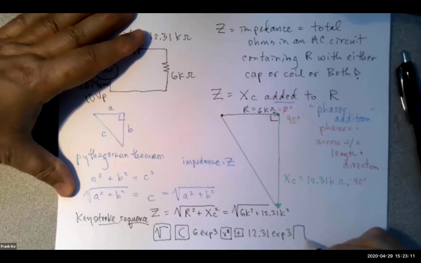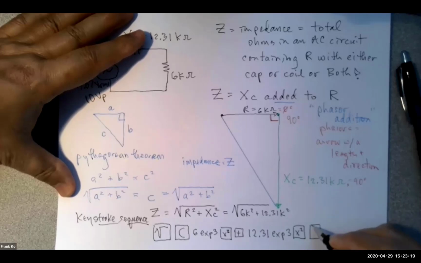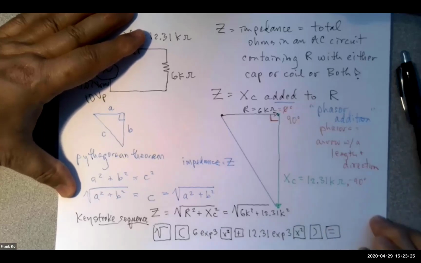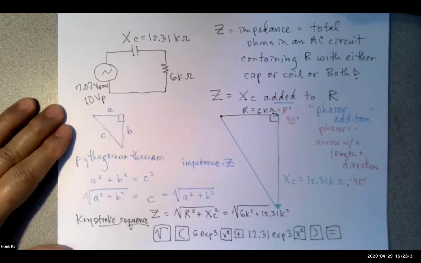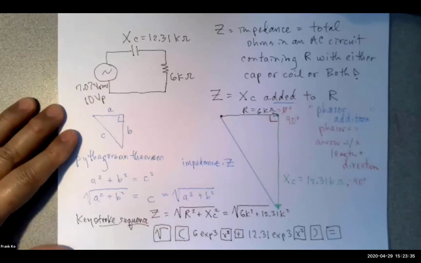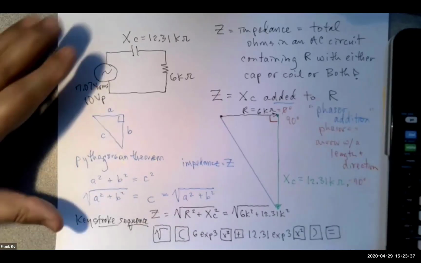And I'm going to hit a square here also. This is a square, not reciprocal, my friends. And then I'm going to hit a close parenthesis. And then finally, I'm going to hit equals. So that should be a universal pathway to successfully calculating my impedance for this particular circuit.